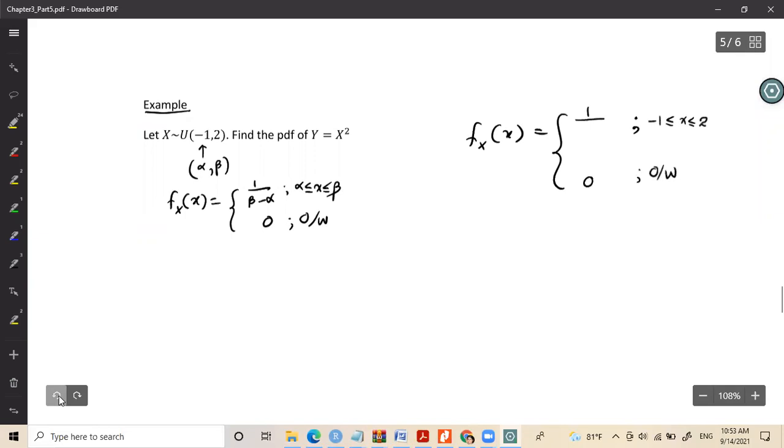Right? So what is the function? 1 over 2 minus -1, which is 3. Right? So if you draw the graph, you can clearly see that.